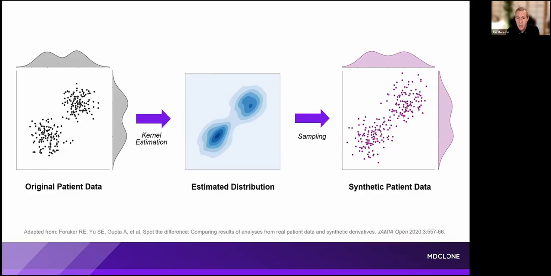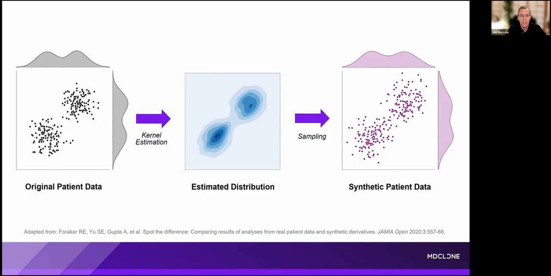You then sample new data points in order to create the purple dots, which are brand new. Those didn't exist before. You're creating them on the fly in order to match that heat distribution and therefore the original patient population. So you wind up with a new population that is extremely similar and statistically the same as the original population. But as you saw, the data points were created de novo on the fly, and they don't represent actual individual patients.